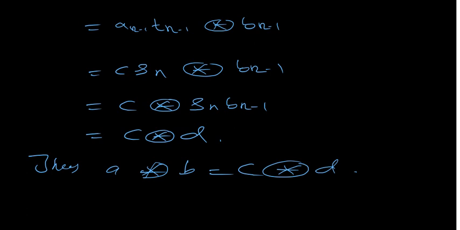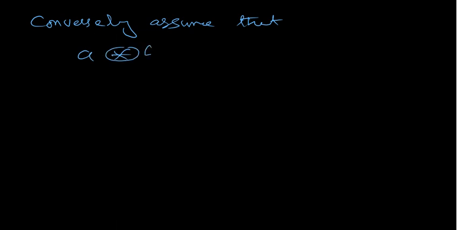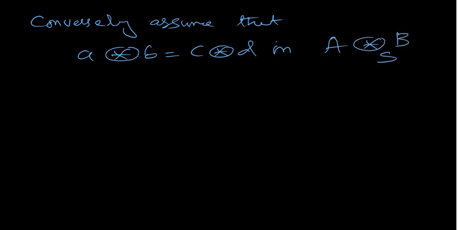Now we prove its converse part. So conversely, assume that A tensor B is equal to C tensor D in the set A tensor B over S. So that means they are actually tau related.